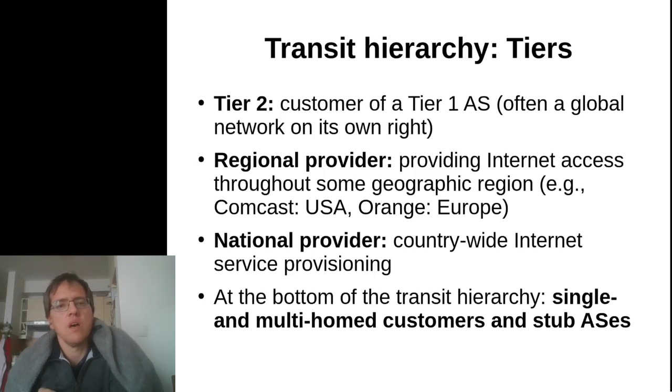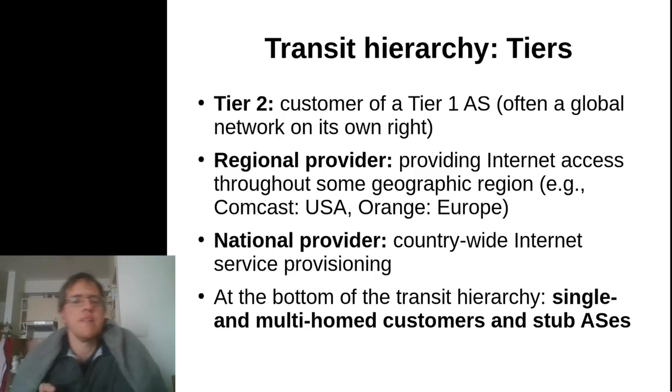A tier 2 AS is any direct customer of a tier 1 AS, which is often a global network in its own right. A regional provider is also called tier 3. This is a provider that provides internet access throughout some geographic region, like Comcast in the USA or Orange in Europe.